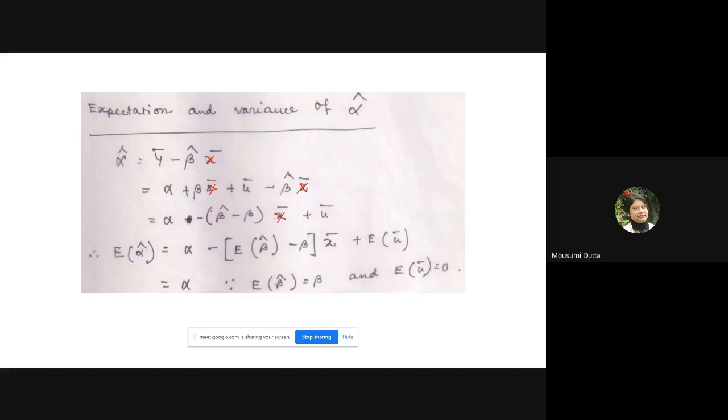So what we are doing, y bar minus beta hat x bar. Then I am writing the value of y bar. I am replacing y bar by alpha plus beta x bar plus u bar. Now, how did we get this?